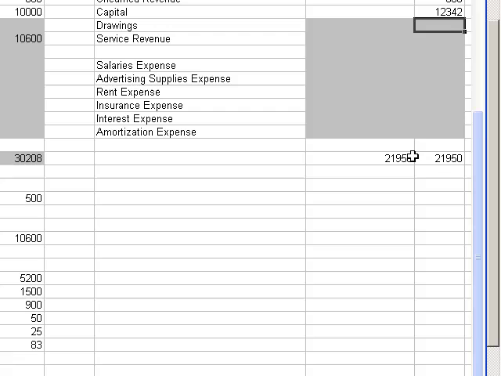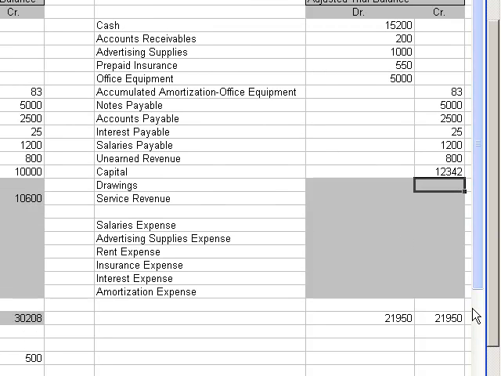There we go. And now we have balance. So we have a trial balance to start the next year, which balances, great, but also where drawings, revenue, and expenses are brought back to zero.